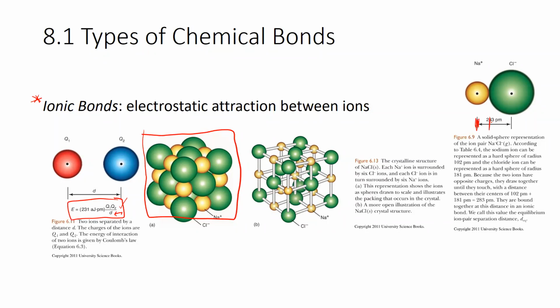So sodium and chloride, if you consider them to be two spherical ions, you can look at the ionic radius of sodium and the ionic radius of chloride, and that's the distance between the two nuclei of neighboring ions. And so that's going to be what we consider a bond length, or the D, okay?